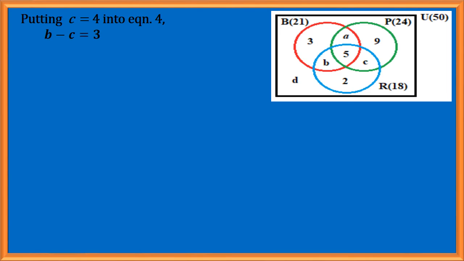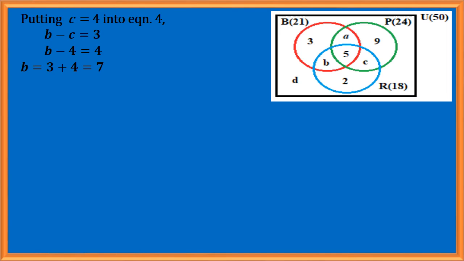So since C is now 4, we'll put the value of C there. That gives us B minus 4 equal to 3. So let's group like terms. Grouping like terms, we have to send the 4 to the right hand side, so that we'll now have 3 plus 4, which will be equal to 7.